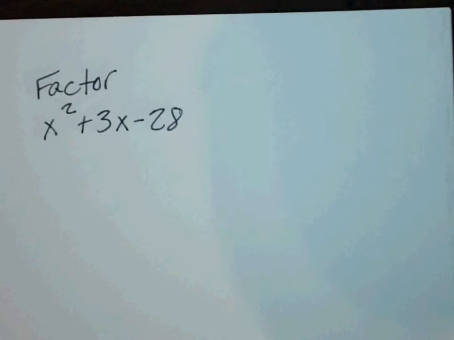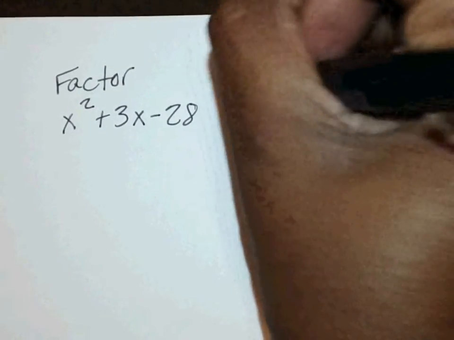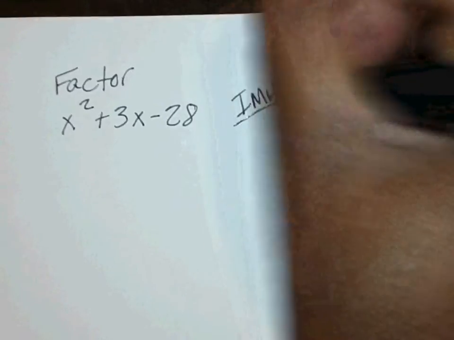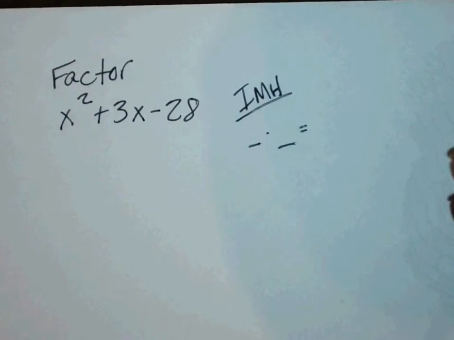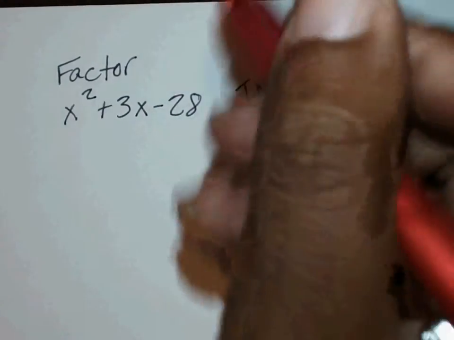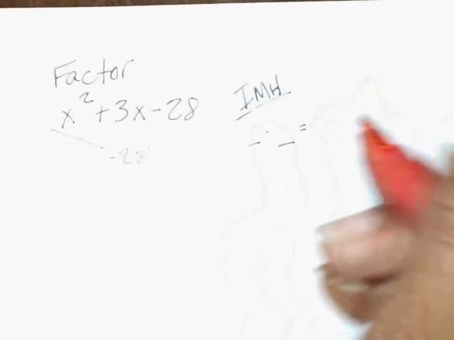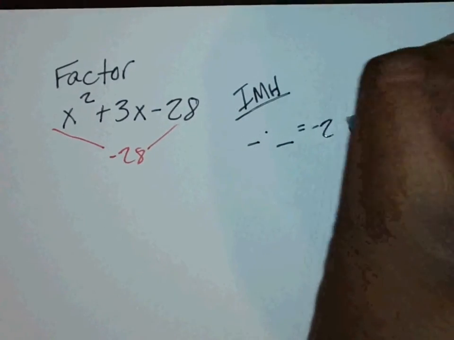So in my head, I'm going to find two numbers that multiply to give me AC. 1 times negative 28. So AC is negative 28. So two numbers that will get me negative 28.